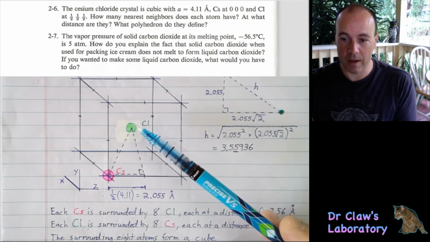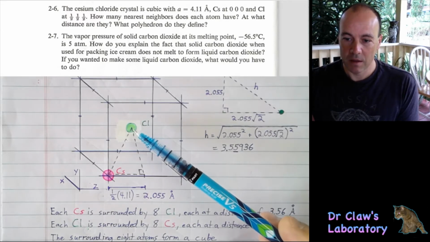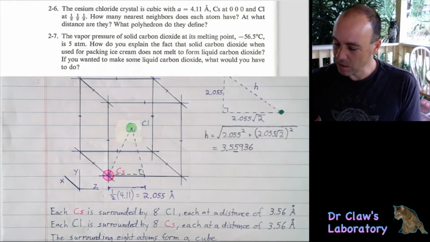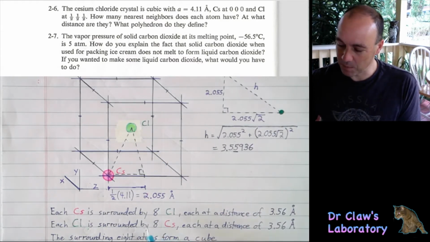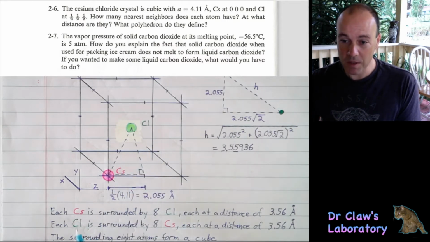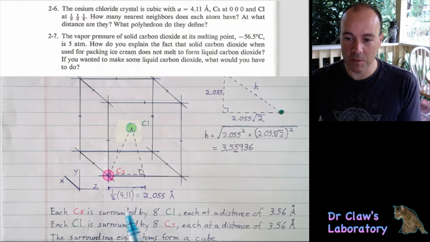So the chloride would have 8 neighbors. Each chloride is surrounded by 8 cesiums, and it's pretty easy to calculate the distance between them. And it turns out that each cesium is going to also be surrounded by 8 chlorides at the same distance.